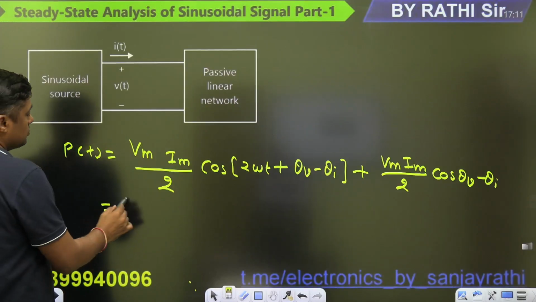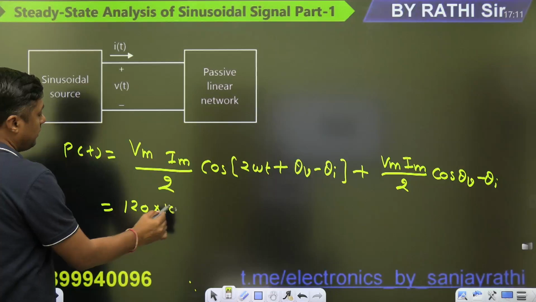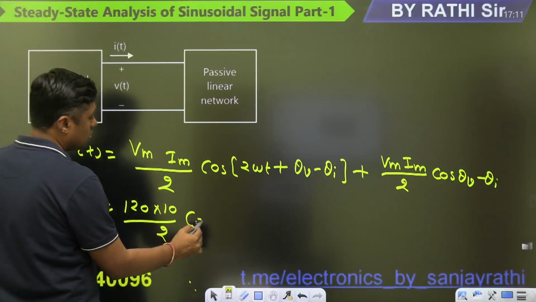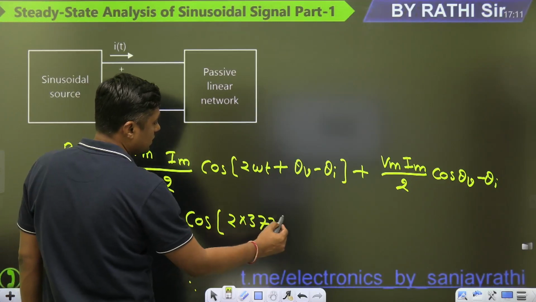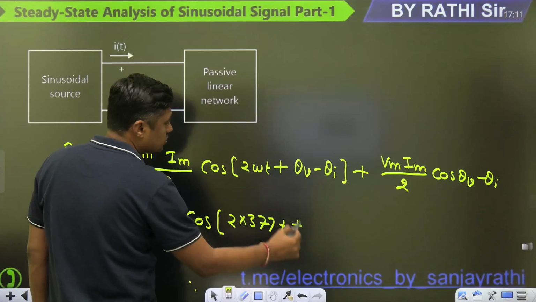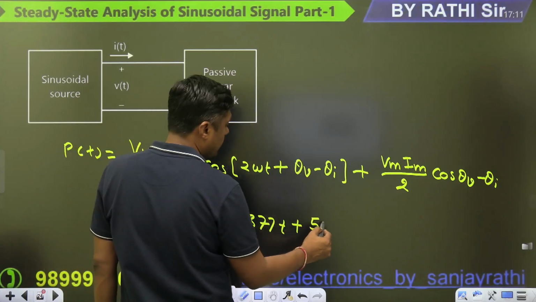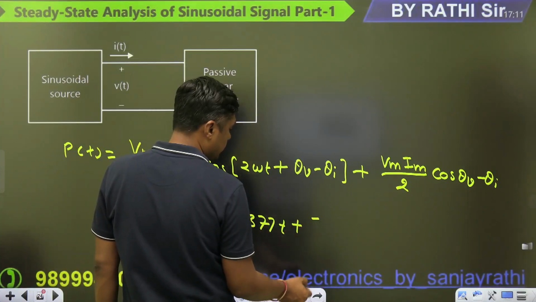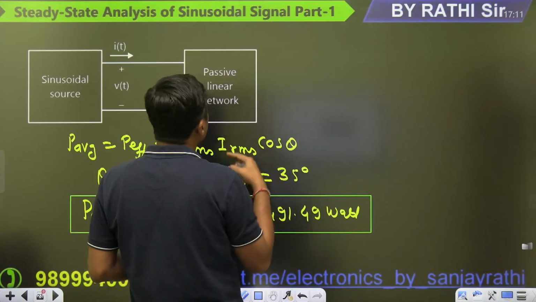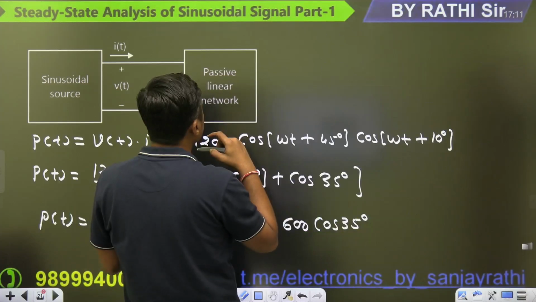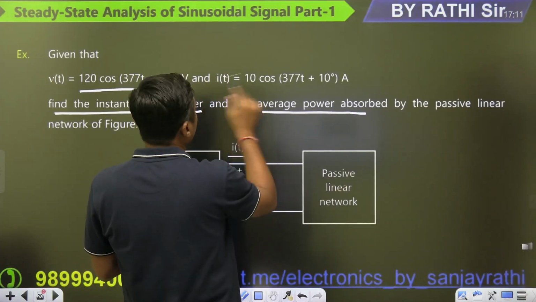120, that is 10 divided by 2. You can directly use 120 into 10 divided by 2 cos of 2 into 377 into T plus what is the theta V? Theta V is 45 and 10.